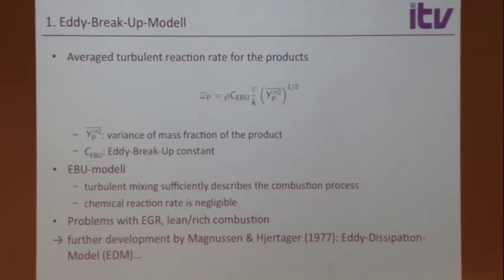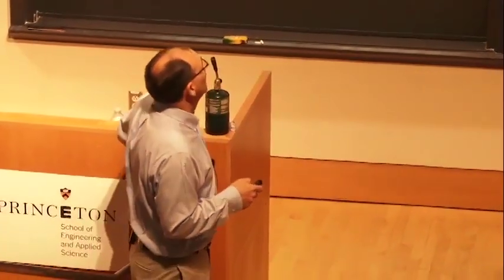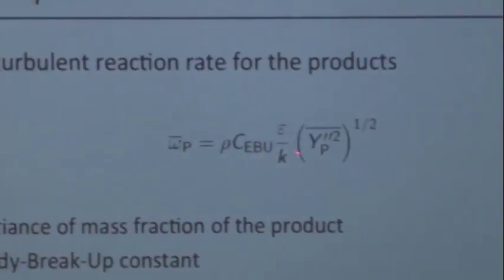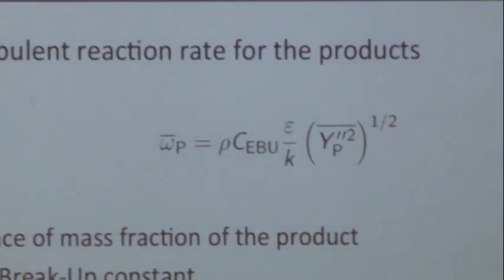So the reaction rate of this is given here. So you say the turbulence does something. So I use the turbulent timescale. So this mixing comes by turbulence, so the timescale should come from the turbulence. Epsilon over k, that's a turbulence timescale. And then it should be proportional to some species here. And so this is the product mass fraction.